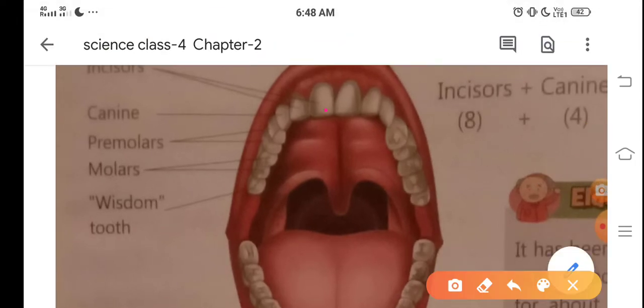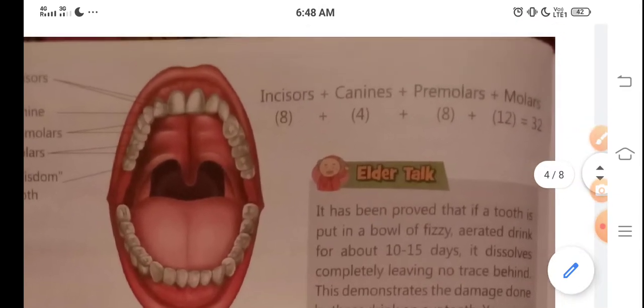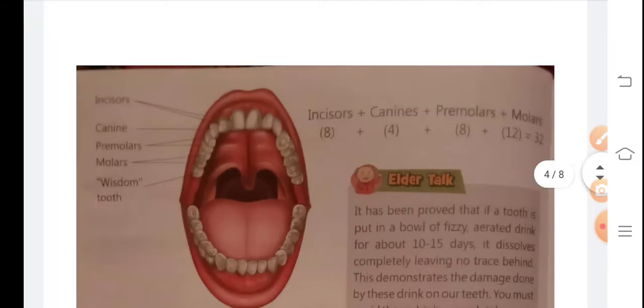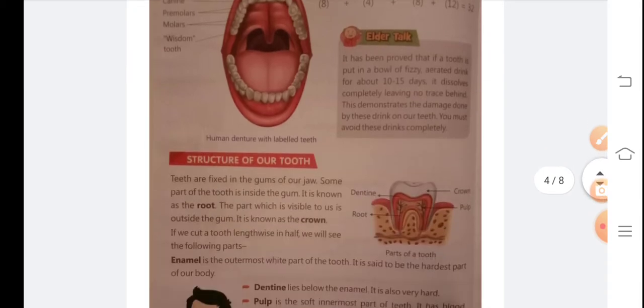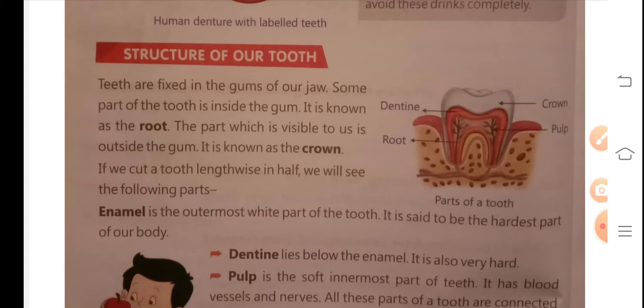That's the incisor, next canine, next premolar, next both are molars, and the last one is wisdom teeth. In this figure, incisors 8, canines 4, premolars 8, and molars 12. Total 32. You also know that the total number of teeth in our mouth is 32.